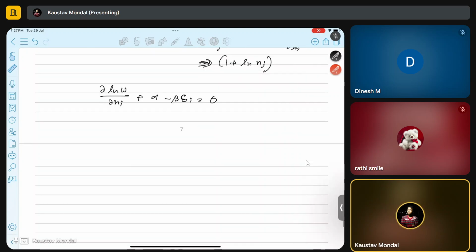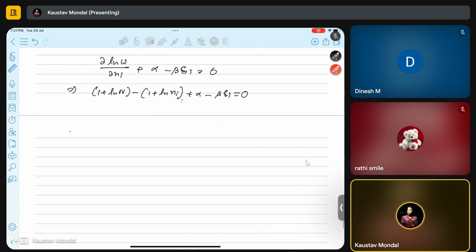This is the equation now: 1 plus ln N minus 1 plus ln Ni plus alpha minus beta Ei will equal to 0. Now if you do ln Ni by N plus alpha minus beta Ei equal to 0.